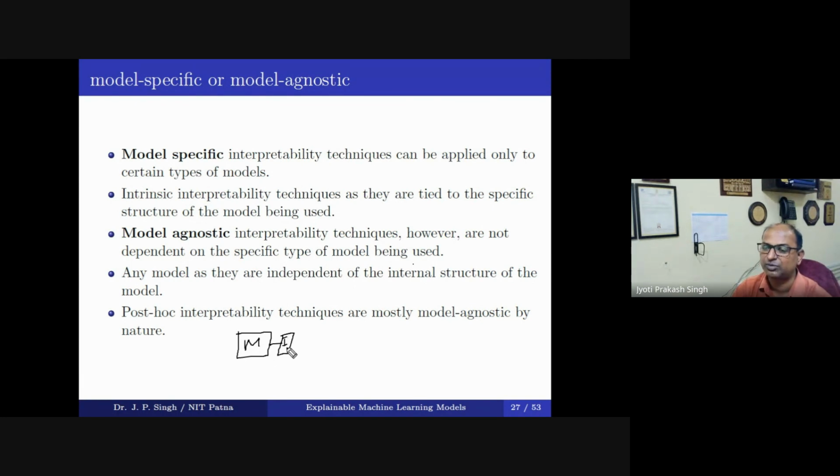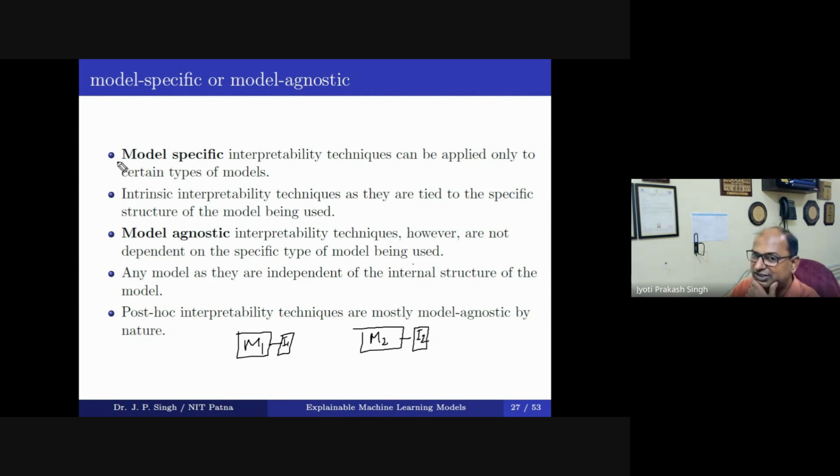If I have another model, say M2, I have to use a different interpretability technique, say I2. I1 cannot be fitted here. So if M1 and M2 are different, I have to apply a different interpretability layer after this.